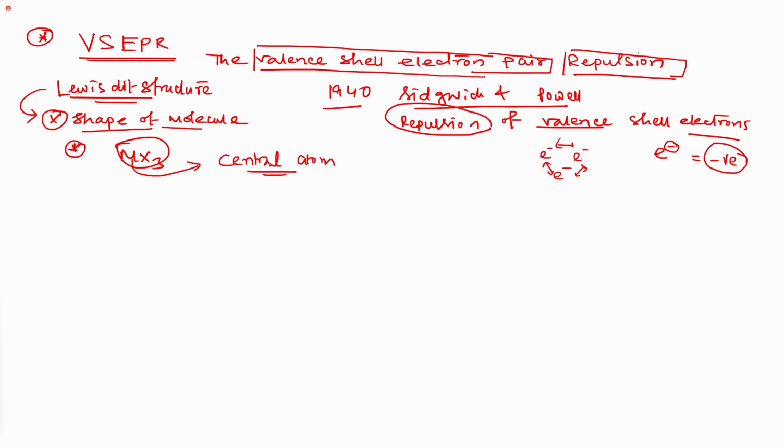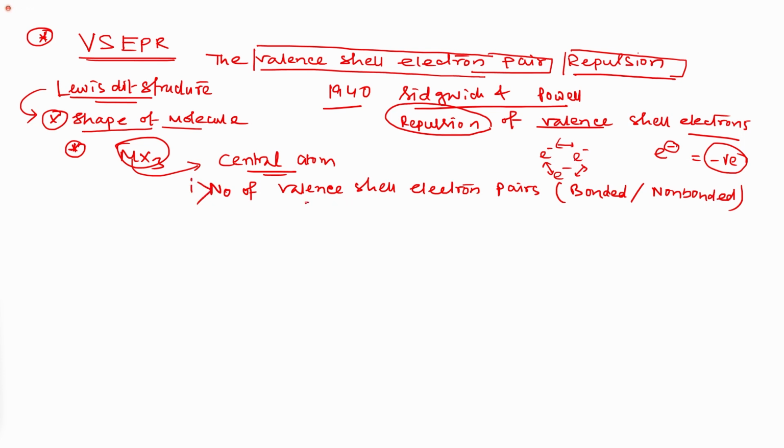About this central atom, the shape or structure of the molecule is determined, based upon the number of valence shell electron pairs, bonded or non-bonded. This is the first postulate.